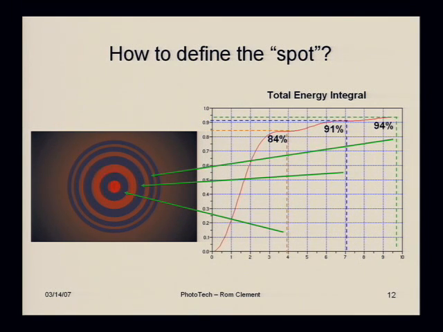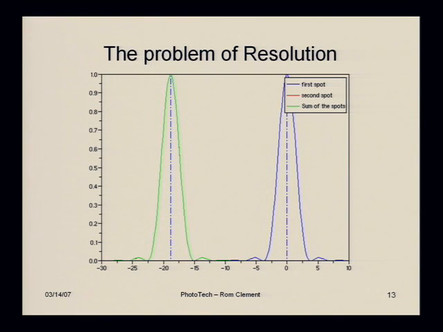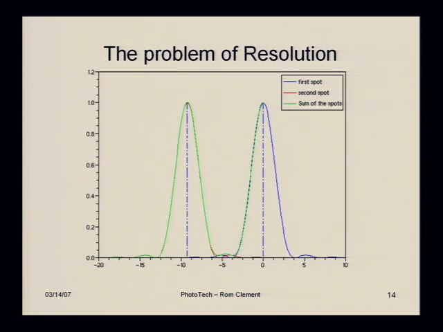Consider now the case where we would have two stars. I'm looking, for instance, at two stars which have the same intensity. And here, they're pretty well separated in my focal plane. But now, let's assume that they're getting closer.